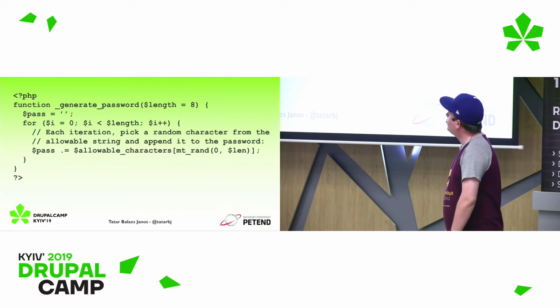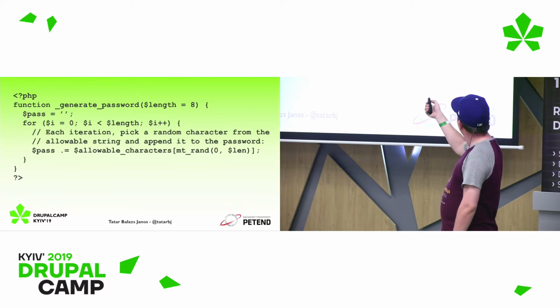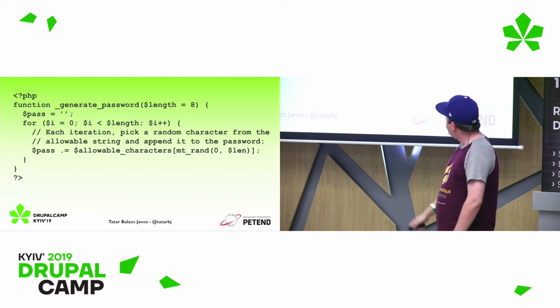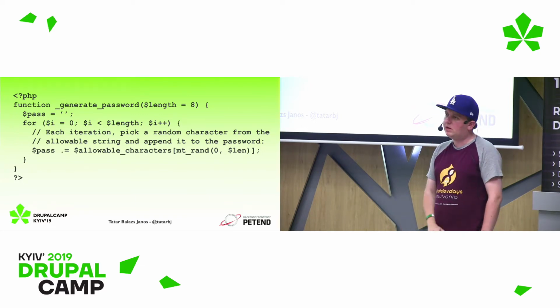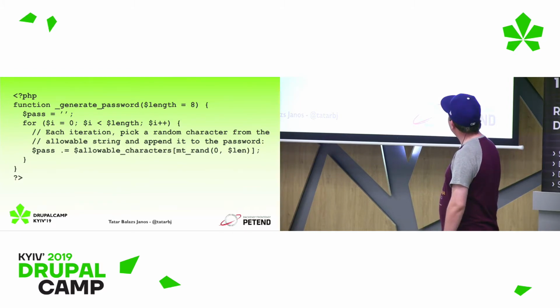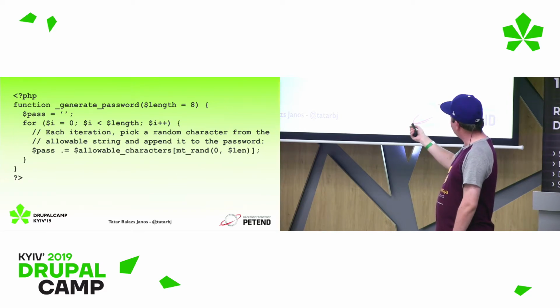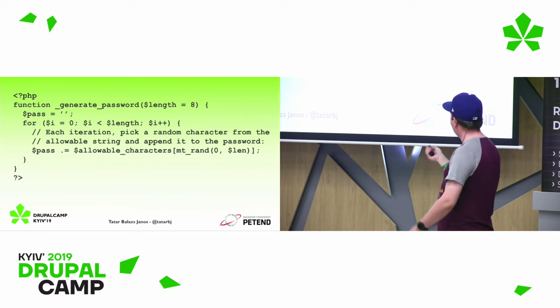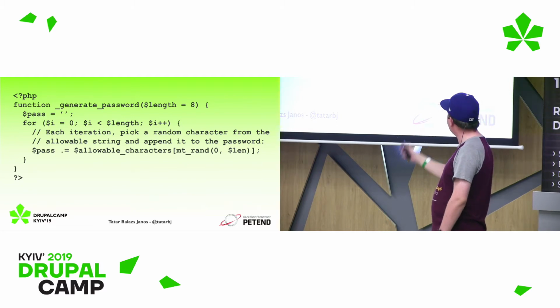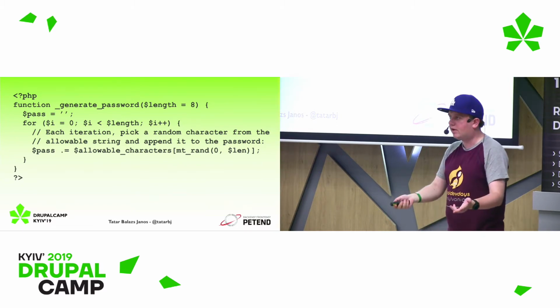Here comes a code when we generate a password. We iterate 8 times, the length, and use the built-in PHP function mt_rand to generate something random from the allowable characters, which is not shown here, but just imagine there are allowable characters, and we just generate that password.